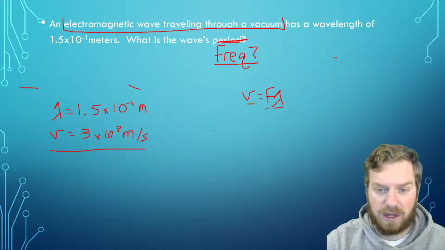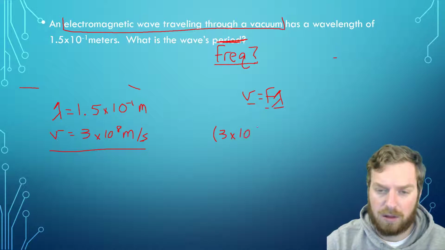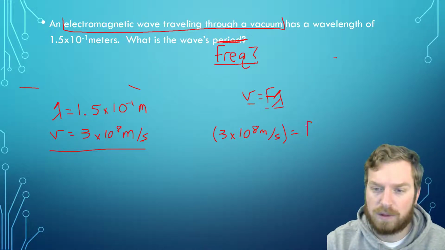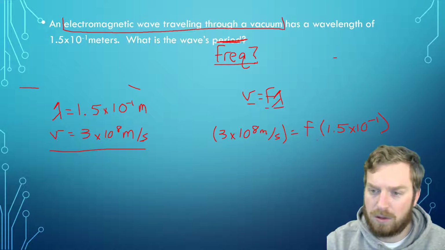So the speed of light in a vacuum, so our equation now goes to 3 times 10 to the 8th meters per second equals our frequency that we're looking for, multiplied by 1.5 times 10 to the negative 1 meters.